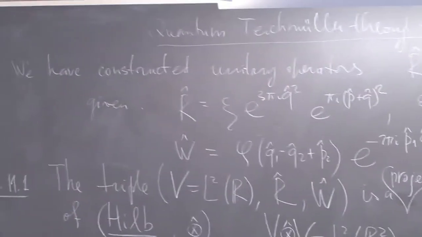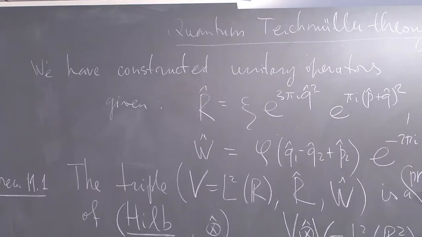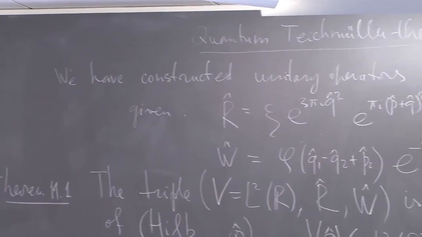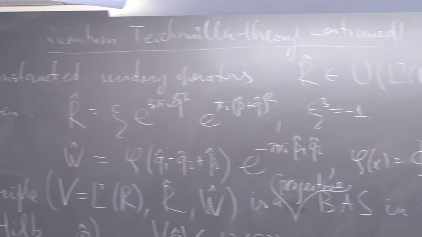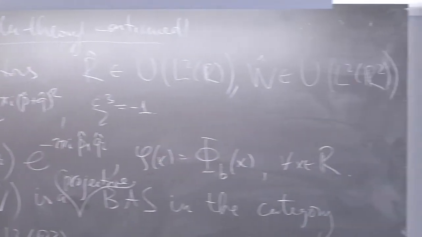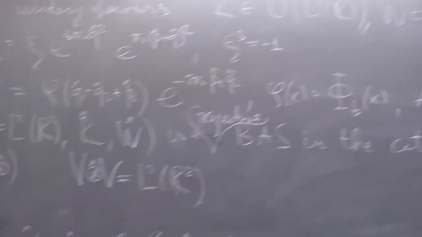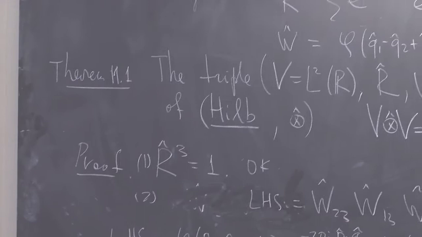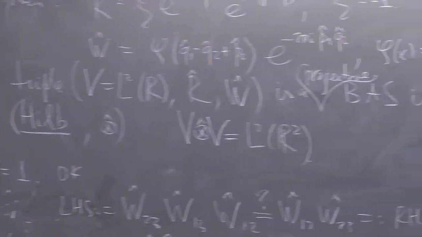But we have seen that this 5-term identity is satisfied for little p and little q. At least we checked it up to a numerical constant, but I claim that the numerical constant is 1. So, this equation is verified.